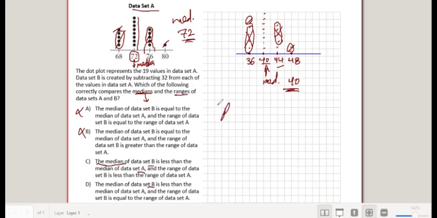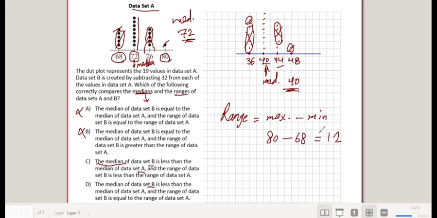How do we get the range? Range is equal to the maximum minus the minimum value. So for example, in dataset A, the range is the maximum value minus the minimum value. If you subtract 80 minus 68, you find 12. This is the range.